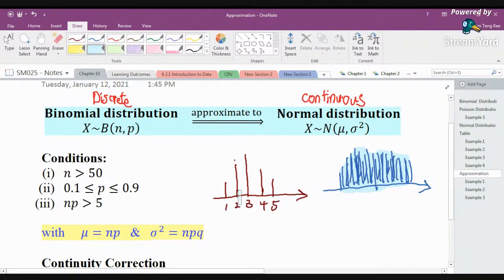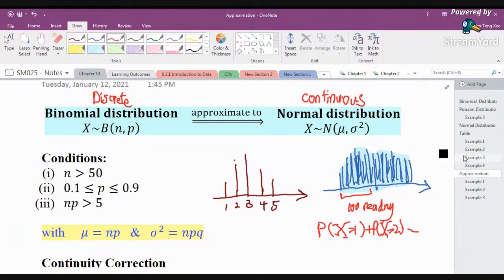Because, for example, if I want to calculate the probabilities from here to here, involving hundreds of readings, I can't afford to do the calculation x equals 1 plus x equals 2 until 100. It is too much and not efficient.